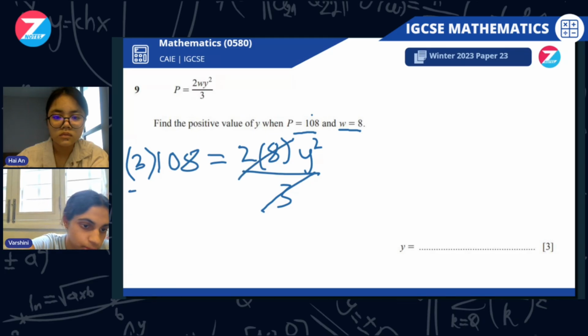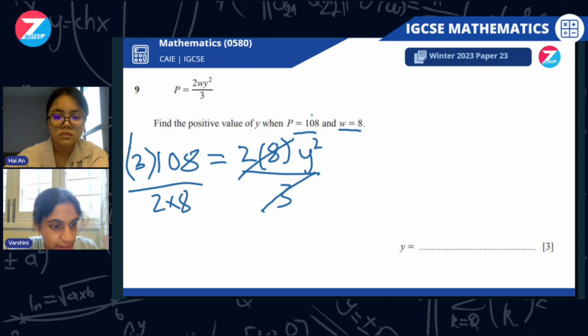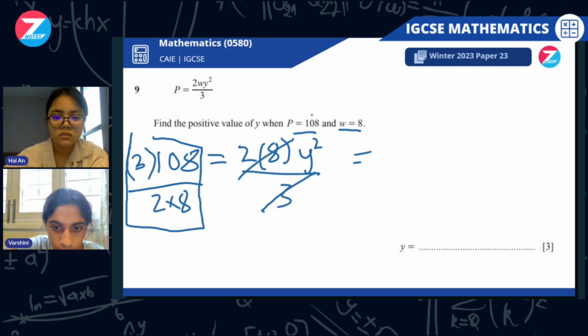So y squared equals, if you put 3 into 108 divided by 16 in your calculator, you should get 81 by 4.